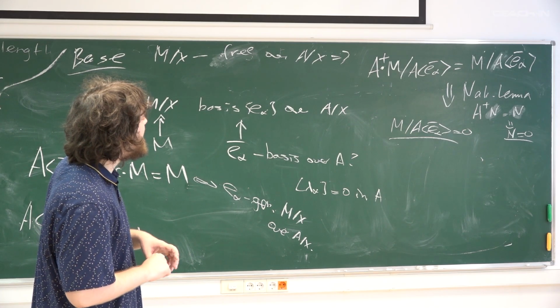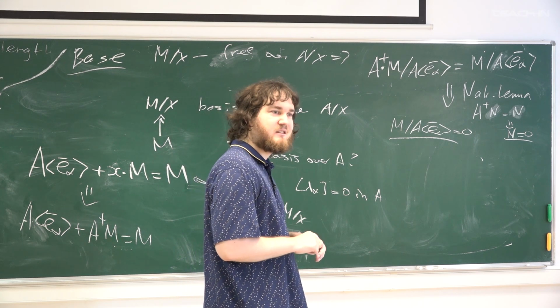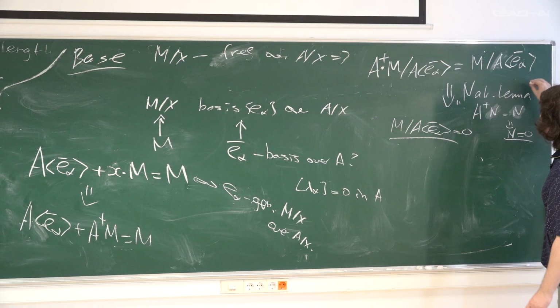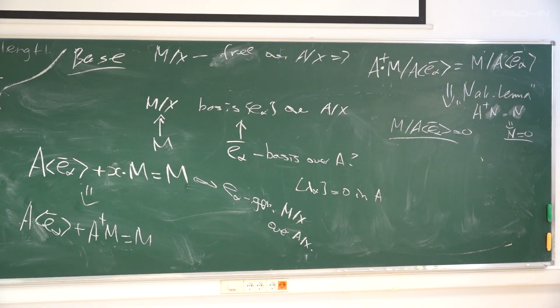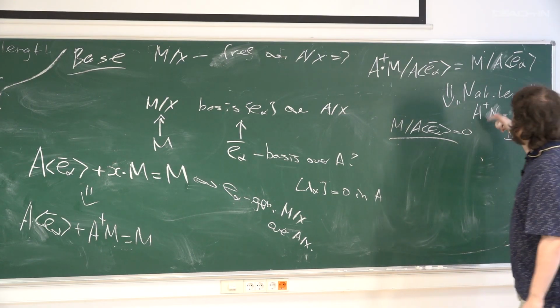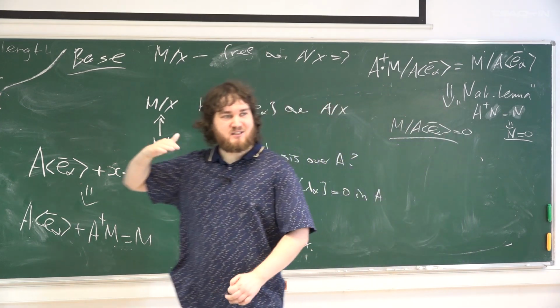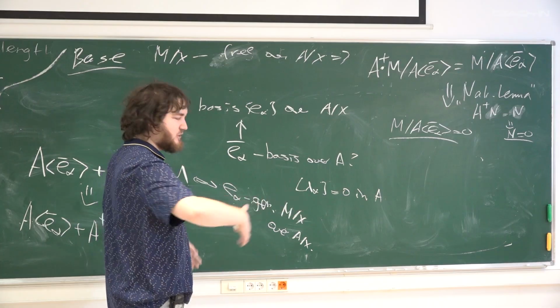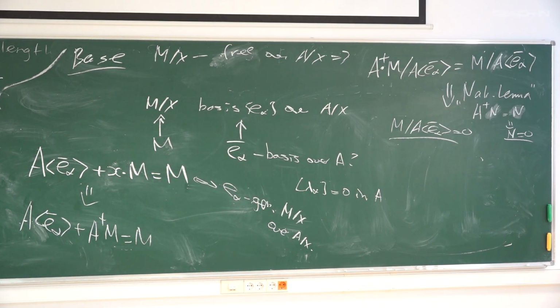Yes, it is graded Nakayama lemma. It's more or less obvious because it increases gradings. A plus increases gradings, and so if your grading is bounded below, you obtain a contradiction. Okay.